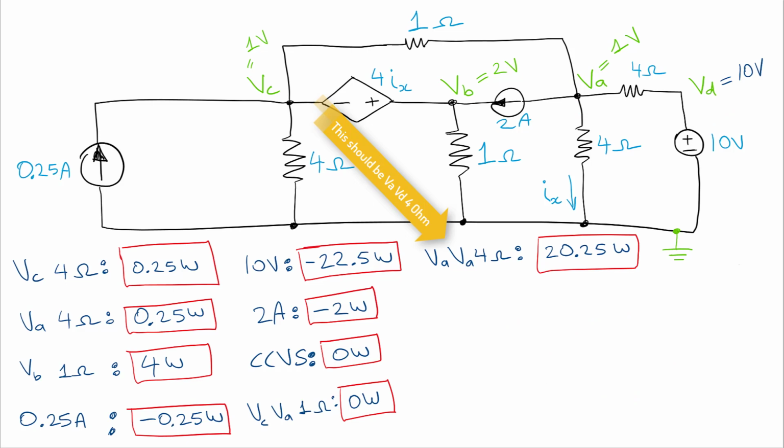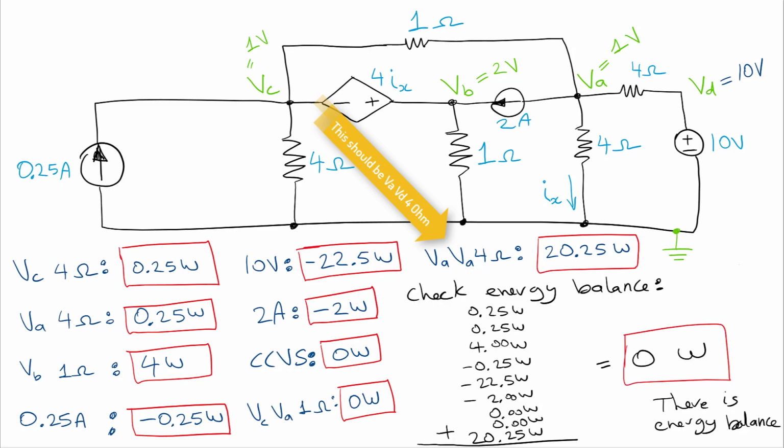We've calculated all of them, and now what we should do is make sure that we have energy balance, so that it's a cross-check to our calculations. So we know that all of the powers should add up to 0. Otherwise, we'd have power being lost or being gained from outside of the system. But we have a closed system here.